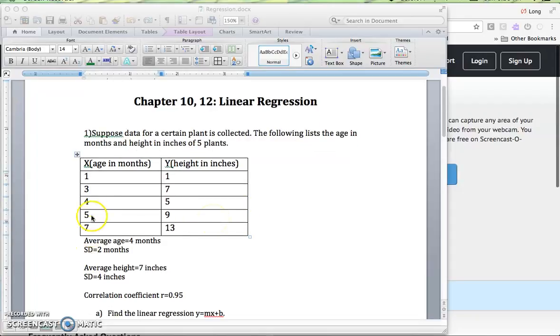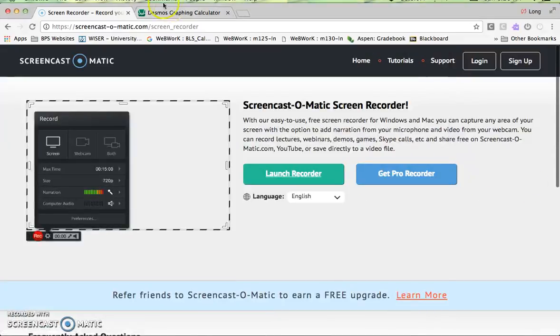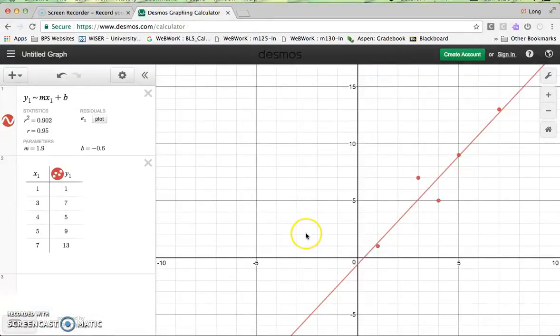Suppose that we can calculate the average age and it turns out to be 4 months. The SD for the age is 2 months. The average for the height is 7 inches, and the SD for the height is 4 inches. Now, if I were to plot this on a calculator, notice that this is very close to this line, and so the linear correlation from the calculator is 0.95.